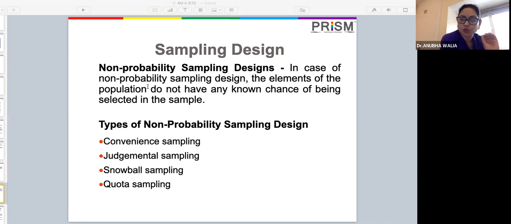This technique is used against the law of incidence, or I would say, a rare population. Now, sampling is a big problem in this case. So that's why you will see the chain system of referrals gets collected.